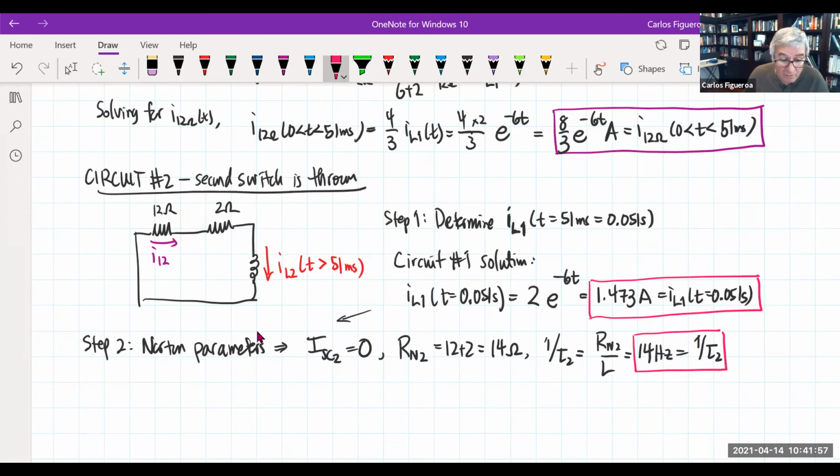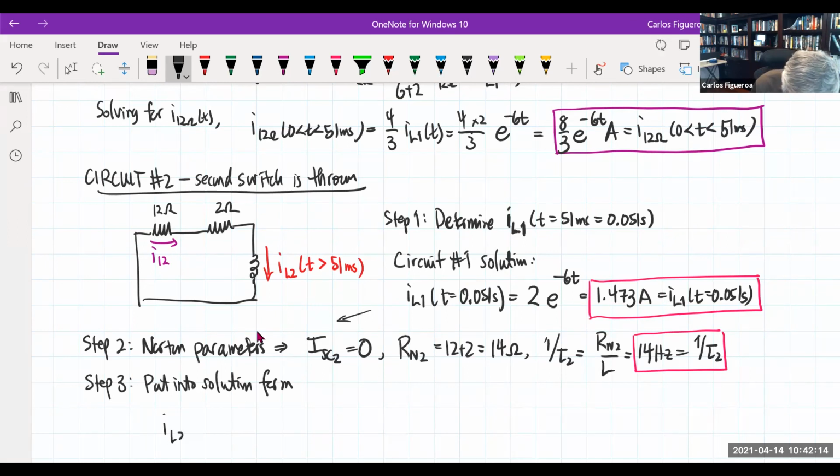So now I want to go put this into solution form. So if I go to step 3, I'm going to put it into solution form. So now here we go. Check this out. I have IL of 2 for the second switch. We agree that this guy has to be greater than that. This is the only time the solution works.